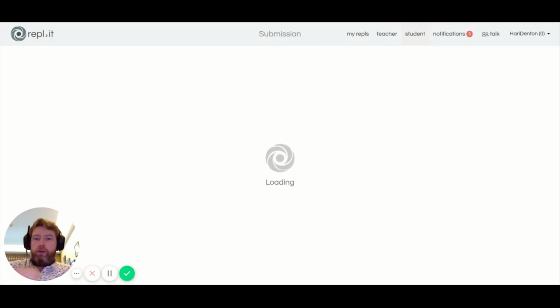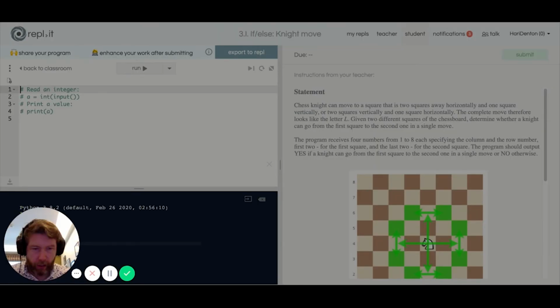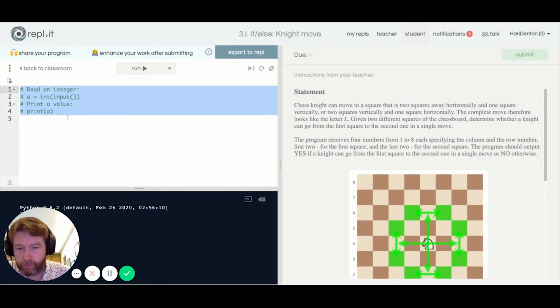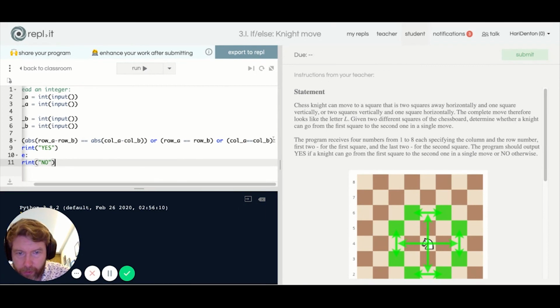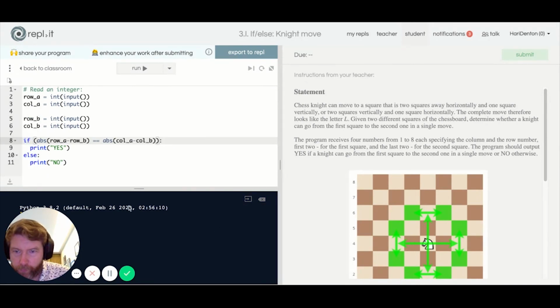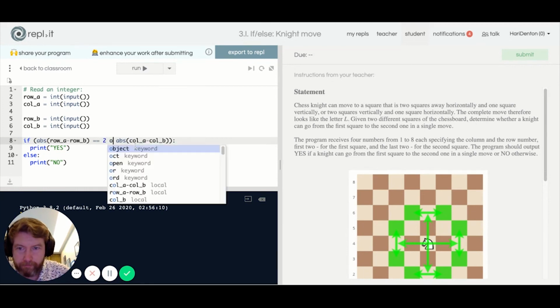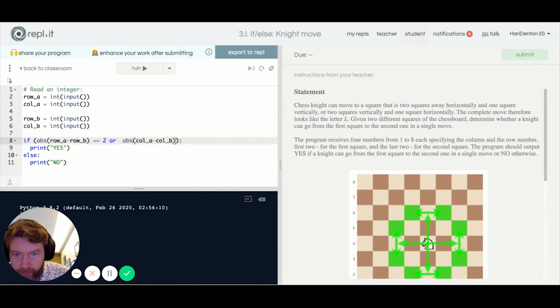So either the difference between the rows is equal to 2, or the absolute difference between the columns is equal to 2. No. So the absolute value, there needs to be 1 and 2, and it's either the rows are 1 or the columns are 1, and then the opposite is 2.